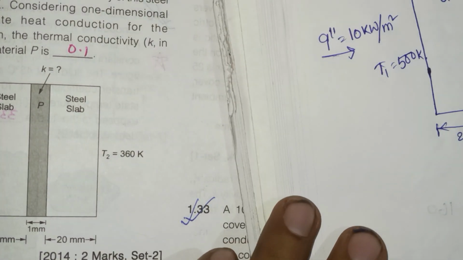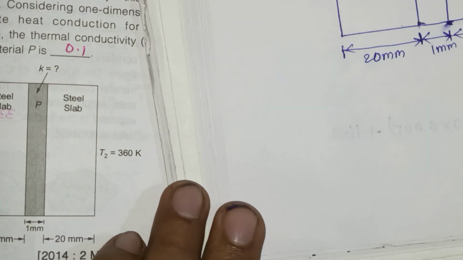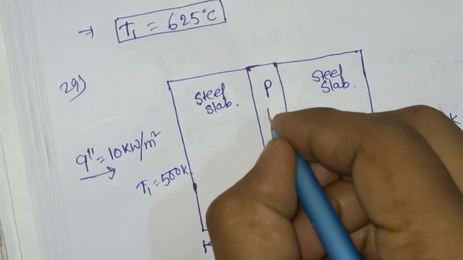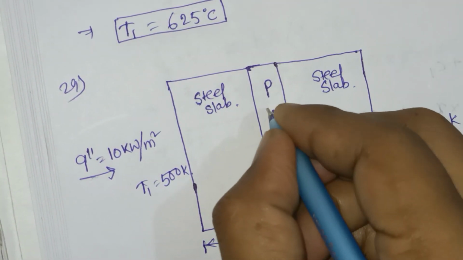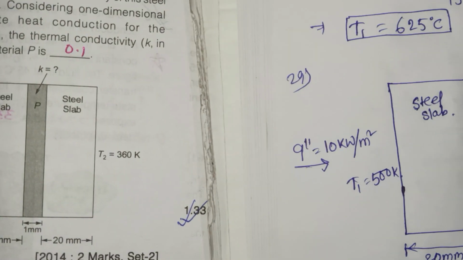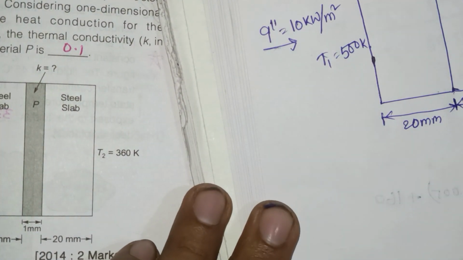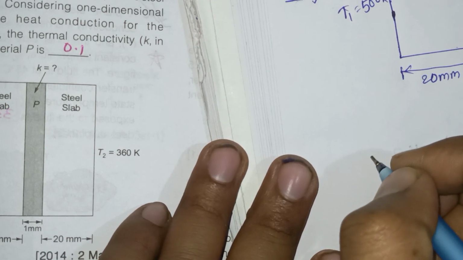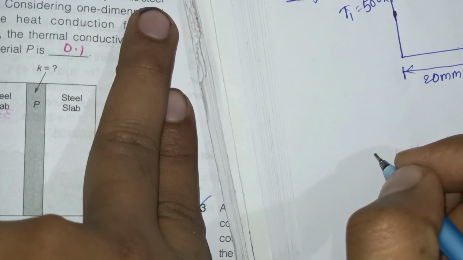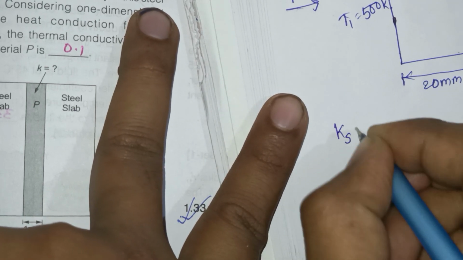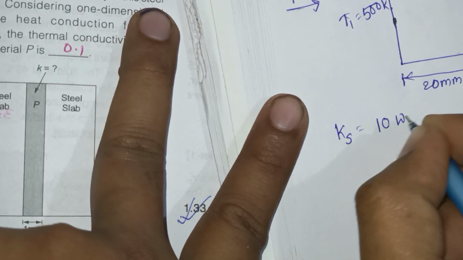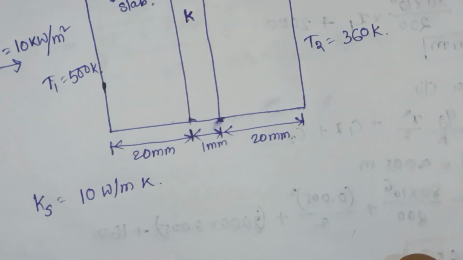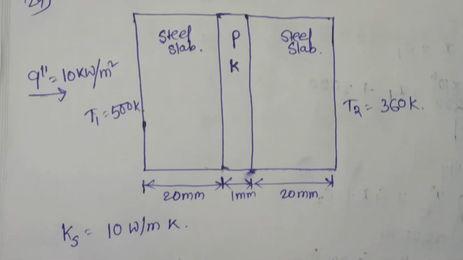So you have to find out the thermal conductivity K of material P. Thermal conductivity of steel is given, equal to 10 watt per meter Kelvin.